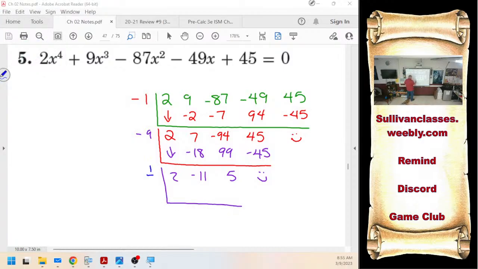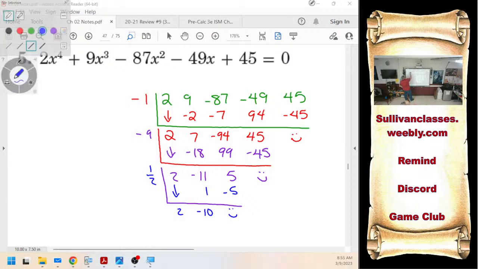Okay. 2, 1, -10, -5. Careful. Before I proceed to the next line, divide by 2. Call this 5. No, not 5. 1.